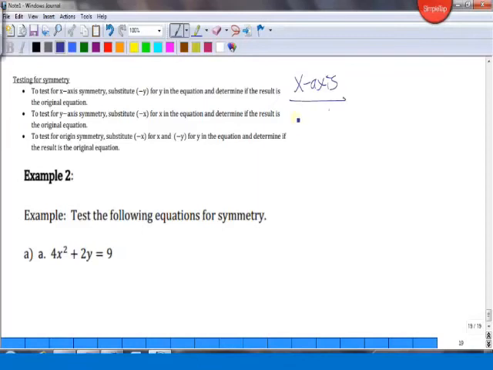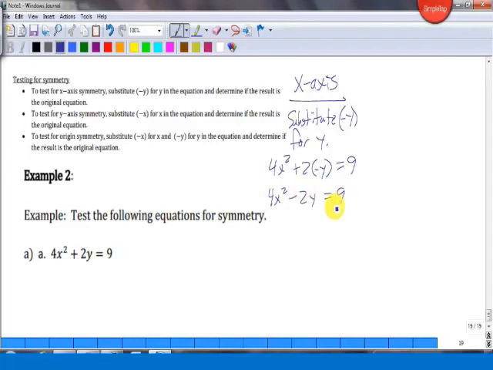So first, substitute negative y for y. So we've got 4x squared plus 2 times an empty set of parentheses equals 9. In place of the y, where the empty set of parentheses are, we're going to substitute negative y. Simplify first. 4x squared minus 2y equals 9.